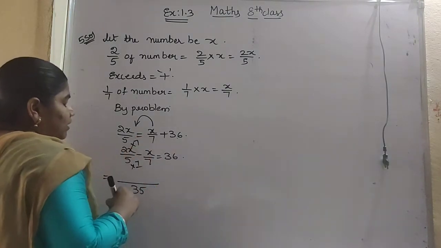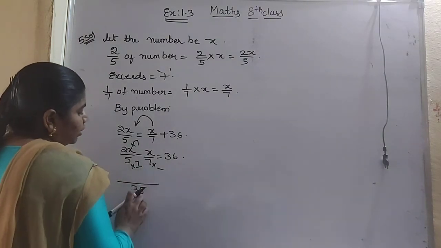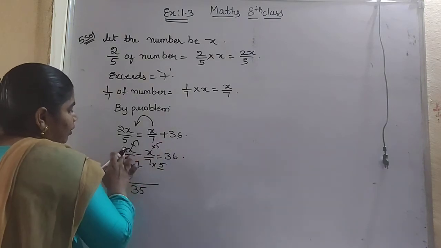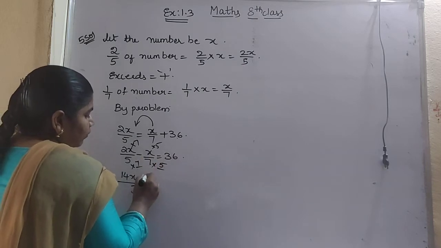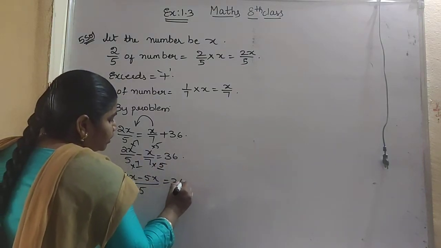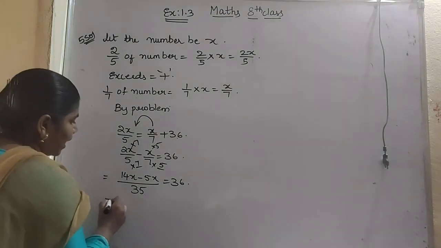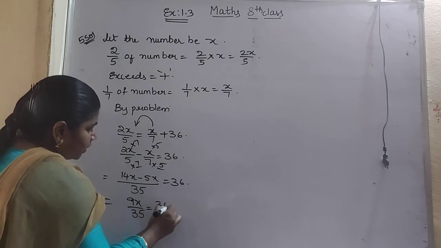In the same way, for 7, how many times will you multiply to get 35 again? That is 5 times, into 5. So 7 2s are 14x minus 5 into x, that is 5x, is equal to 36. Now 14 minus 5 is how much? 9. That is 9x by 35 is equal to 36.